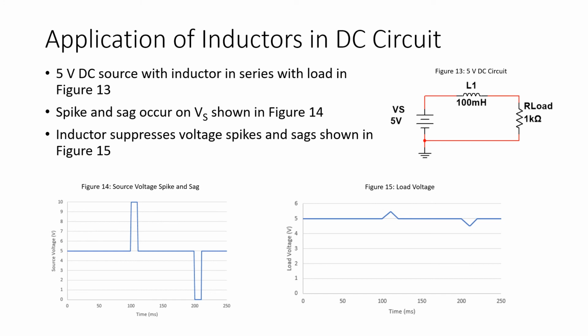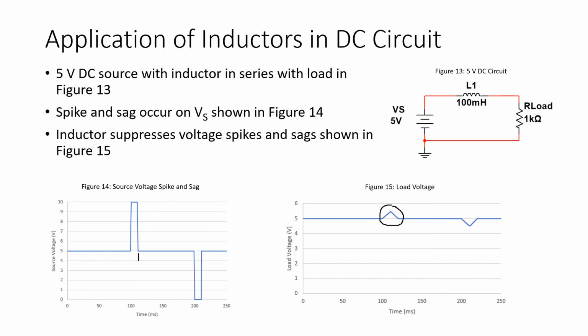Therefore, the voltage across the load is only going to increase a small amount as the source voltage increases by 5 volts. On the transition back down at the end of the spike, we see an induced voltage in the inductor that opposes that decrease in current.